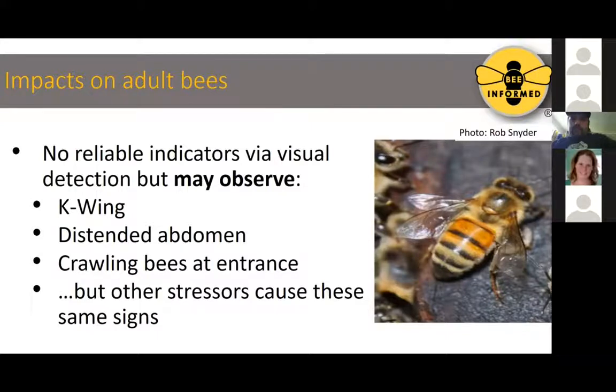But when these are splayed out like that, that can be a sign of tracheal mites. Another potential visual indicator is a distended or bloated abdomen. Sometimes tracheal mites can lead to crawling bees at the entrance. But as we've discussed with these other stressors of the colony, these are not reliable, and they're not specific to tracheal mites. There are a lot of things that can cause bees to present these visual symptoms.